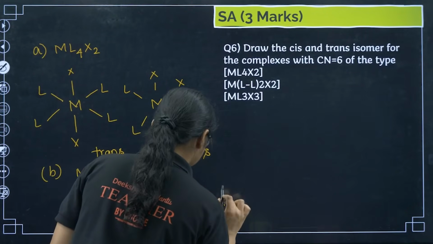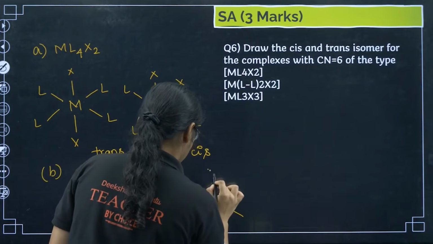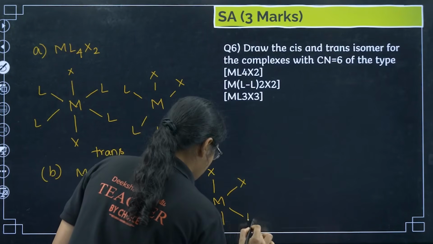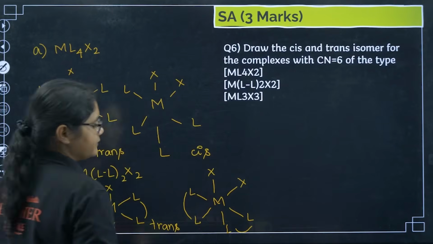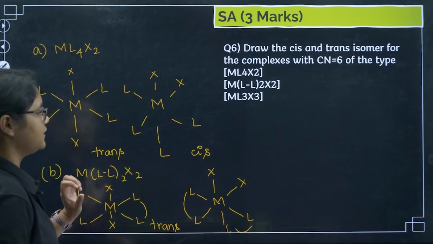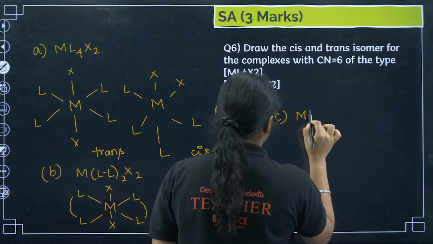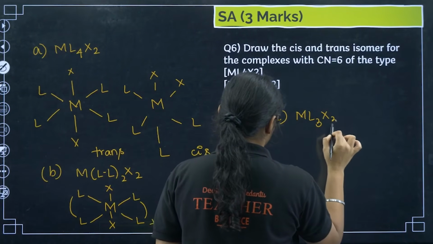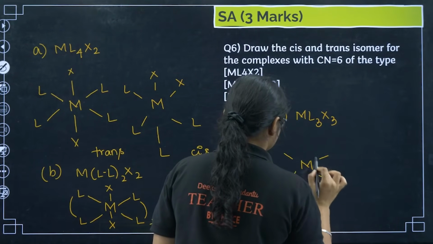How can we draw the cis form? It is something like this. This is the cis one, this is the trans form. Now you have ML3X3. So here we have facial and meridional. I can just draw like this.